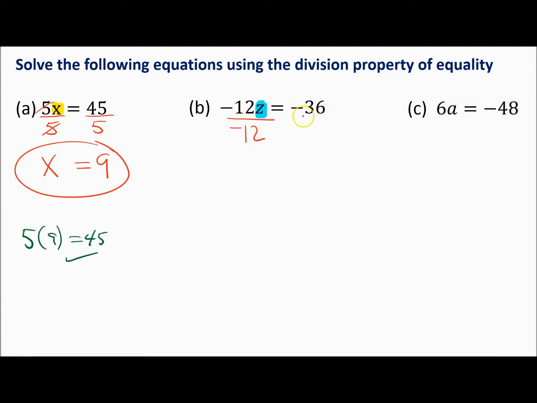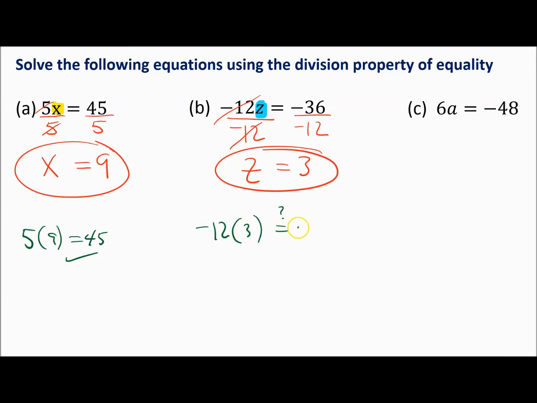If it's a negative, you divide by negative. And I have to do it to both sides, just like the scale says. I've got to keep it balanced. The negative 12 divided by negative 12 is z. That leaves the z only. And you know negative 36 divided by negative 12 is positive 3. So my solution is positive 3, but I could check it by saying negative 12 times 3. Is that really negative 36?